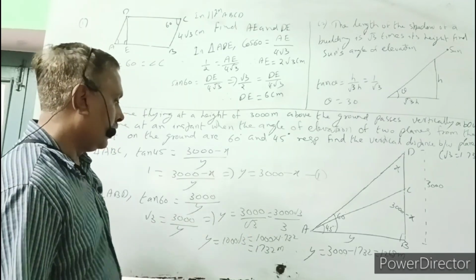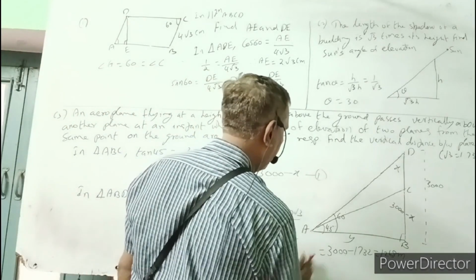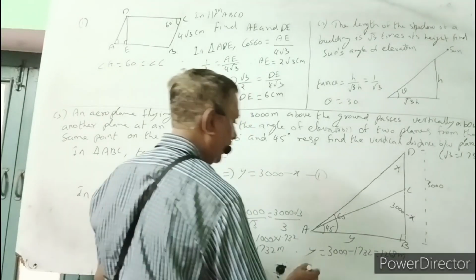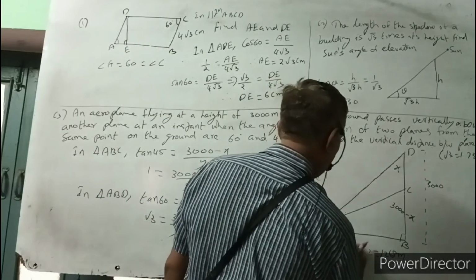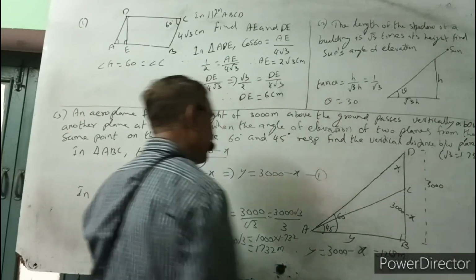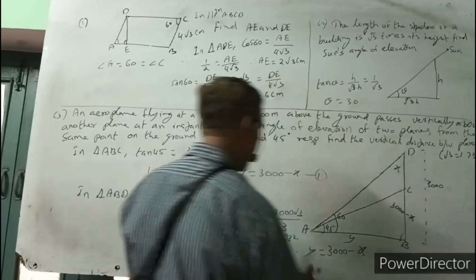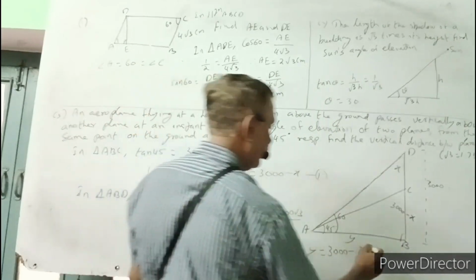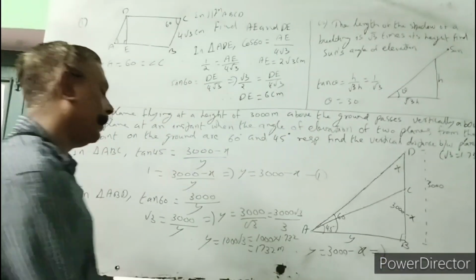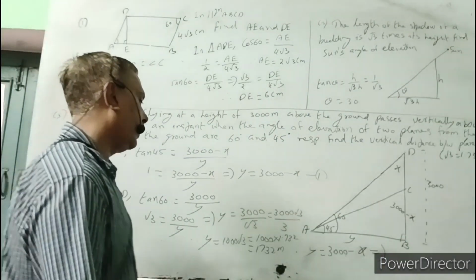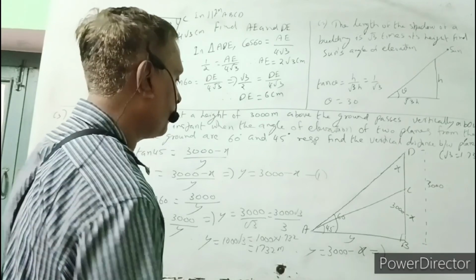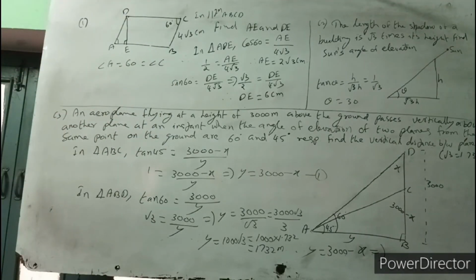Using this y here, minus x, you will get x. So when you are using this y here, how much y will come, you calculate.